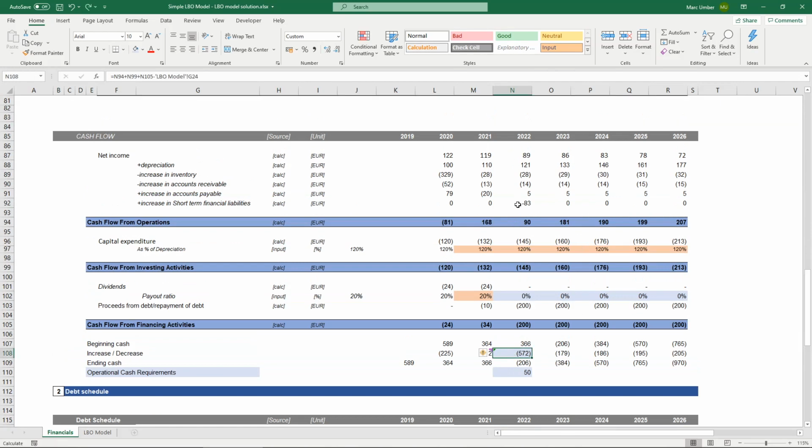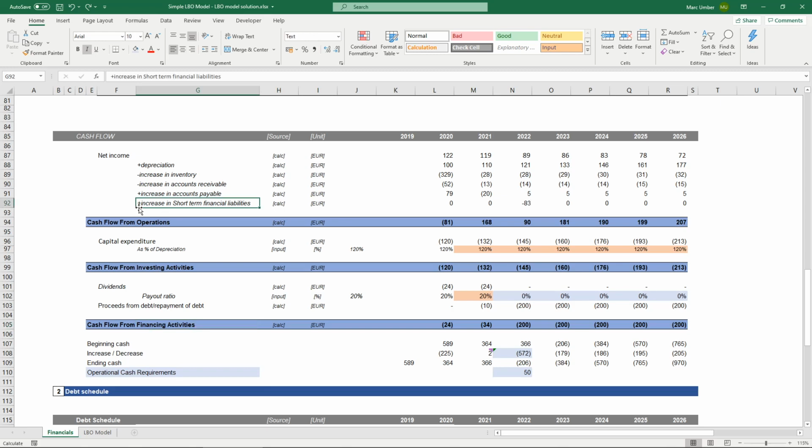We need to make one further correction to the cash flow statement. The cash flow statement was augmented with the cash that we stripped off during the transaction, but we also had a cash inflow of new debt. You have basically two options. Either you model this into the short-term liabilities that will flow into the cash flows from operations, or you model this into the cash flow from financing activities, if this is a long-term debt.